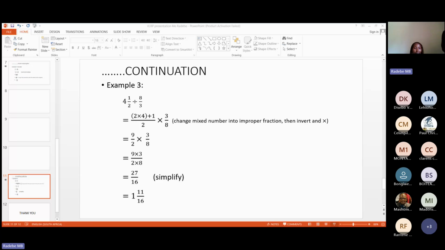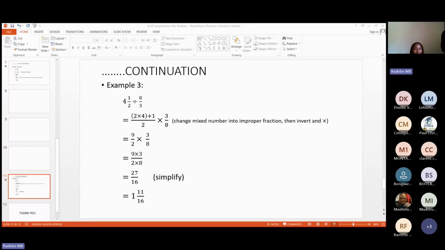Then we simplify here, applying the laws of multiplication. We end up with 9/2 multiplied by 3/8. Then we multiply using the laws of multiplication: numerator multiplied by numerator, 9 multiplied by 3, and denominator multiplied by denominator, 2 multiplied by 8. Then the numerator gives us 27 and the denominator gives us 16.